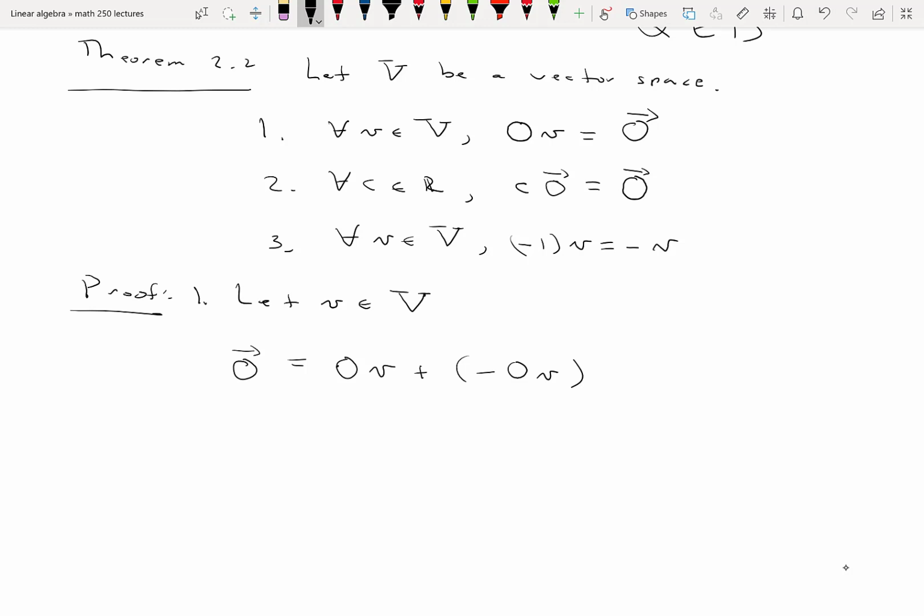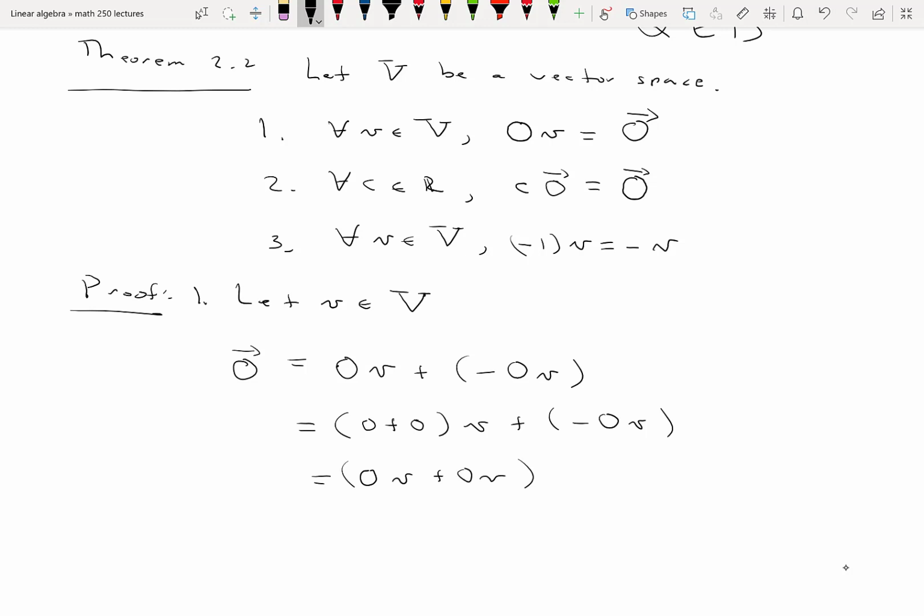Okay, I'm going to do something tricky. I'm going to turn this scalar 0. These are scalar zeros that we're looking at on the right-hand side. I'm going to change that into 0 plus 0. That 0 that I made into 0 plus 0 is just a scalar 0, a real number 0. 0 is 0 plus 0, or 0 plus 0 plus 0, etc. Now I'm going to rewrite this as 0V plus 0V.